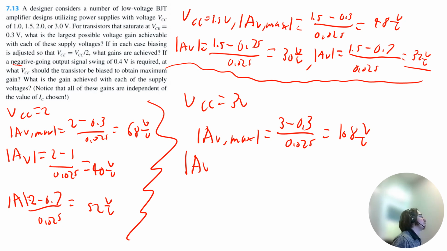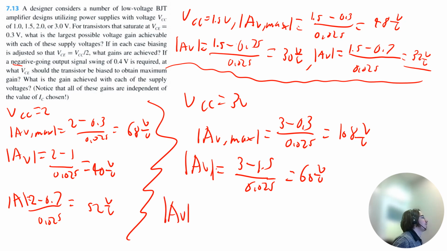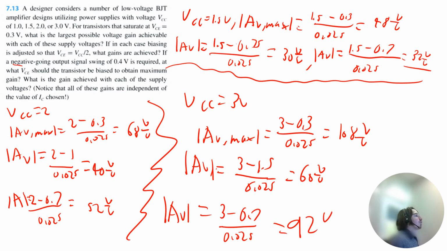Then using VCC divided by 2, that'll be 3 minus 1.5 divided by 0.025, and that's equal to 60 volt per volt. And then lastly, with the negative going signal, that's going to be 3 minus 0.7 divided by 0.025, and that's going to be 92 volt per volt. And that solves the problem.